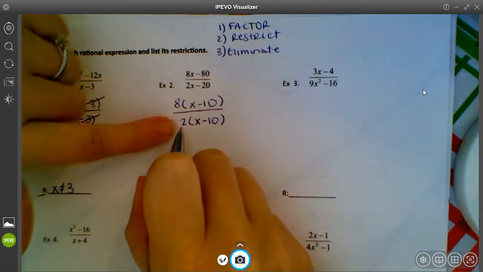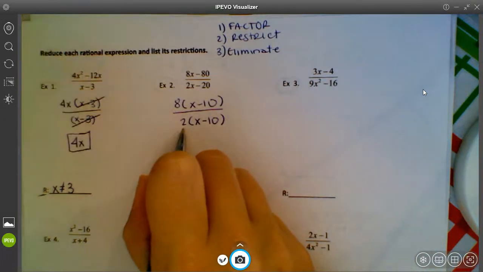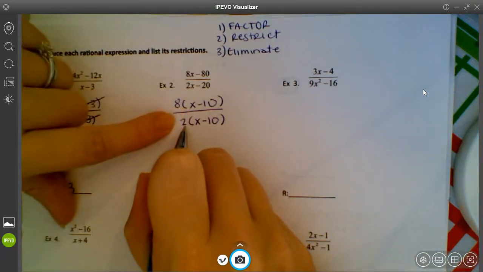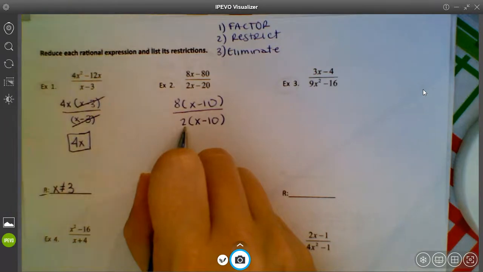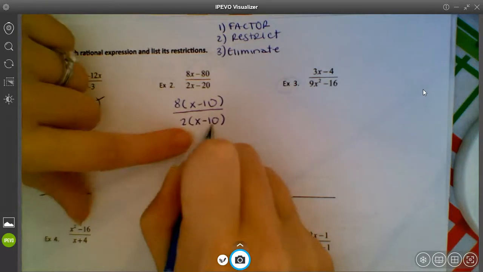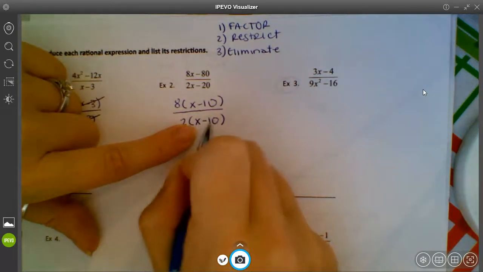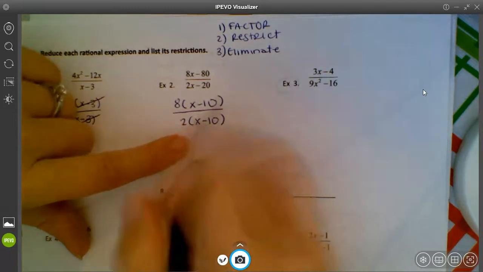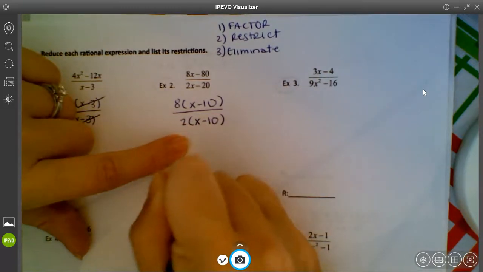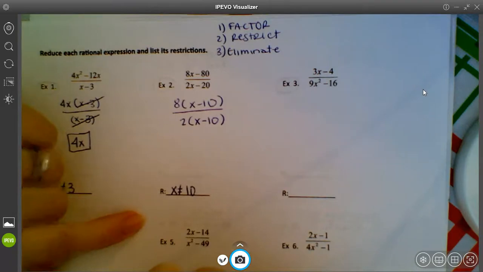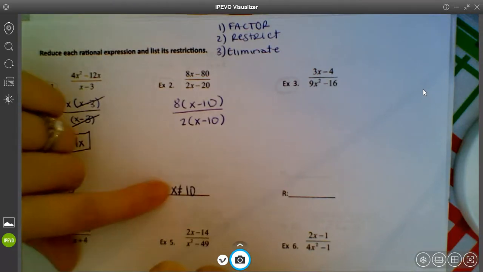So 2 is a factor in itself, and 2 isn't attached to an x, so we don't need to restrict anything because there's no x there. 2 will never become 0. But x minus 10, if x was 10, this quantity could become 0. So if x is 10, bad things happen. So we have to restrict.